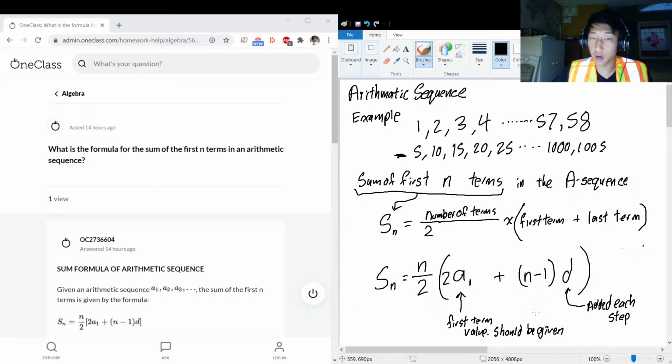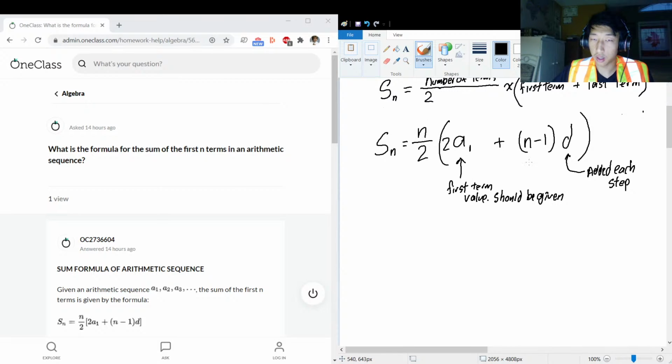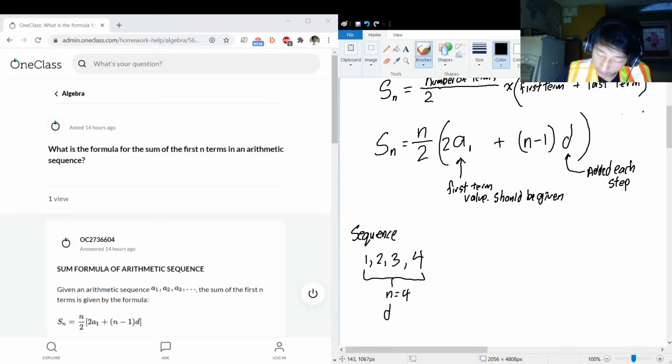Okay, so let's do it for our first example here. Let's use this equation if our sequence is 1, 2, 3, 4. We know that n is equal to 4. We know that d is equal to 1.